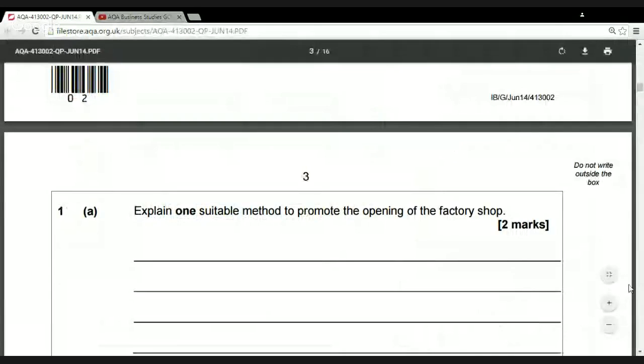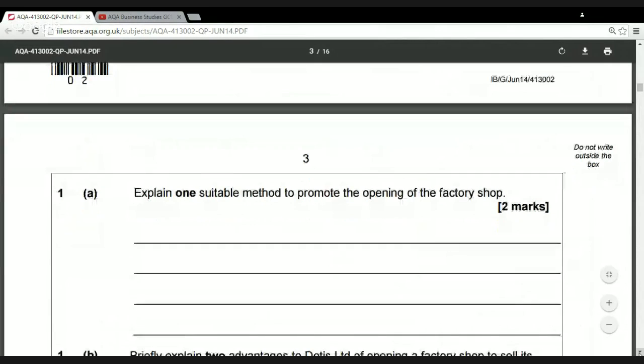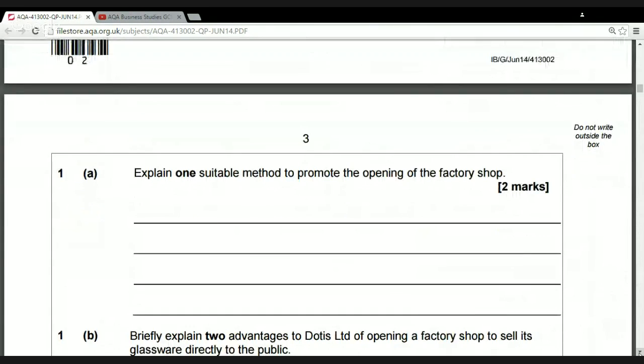So let's go. All right, so the first one is: explain one suitable method to promote the opening of the factory shop. This question is a pretty straightforward 2-mark question, and you answer it really simply. All you're going to do is explain one suitable way to promote the factory shop, and use advertising media, flyers, special offers, money off, celebrity opening.